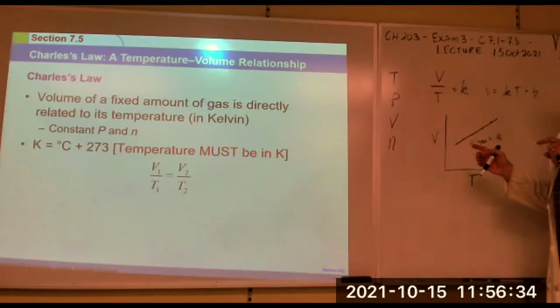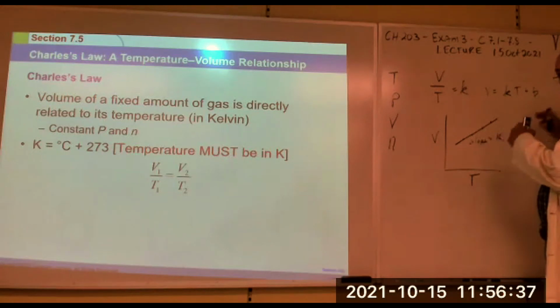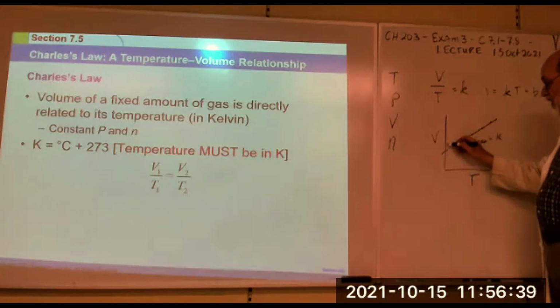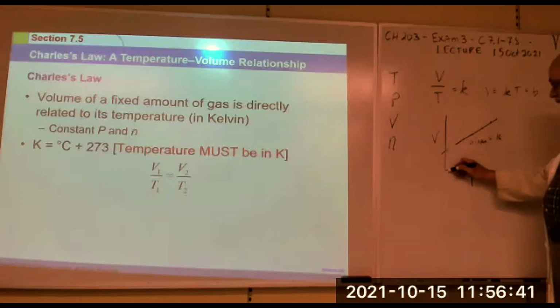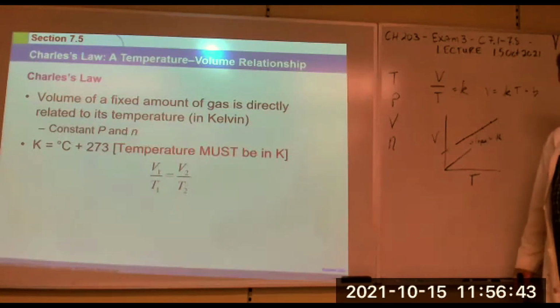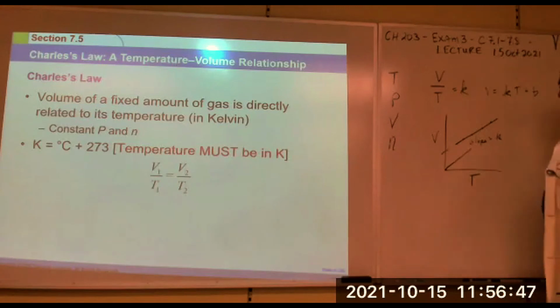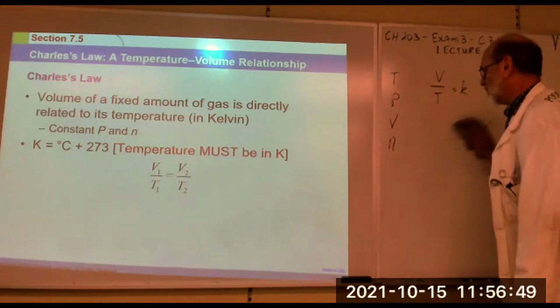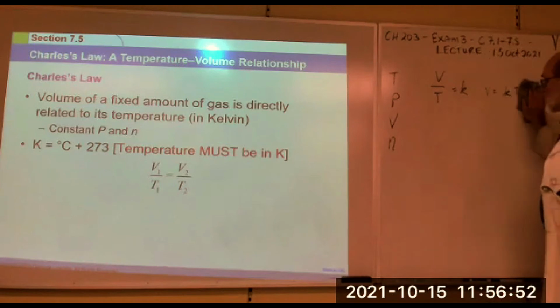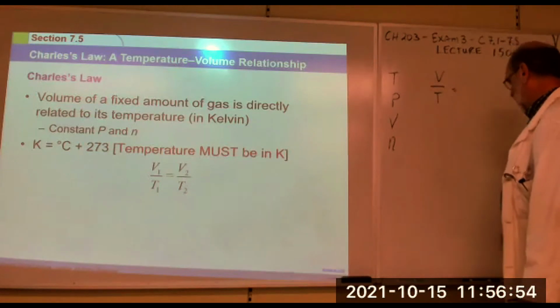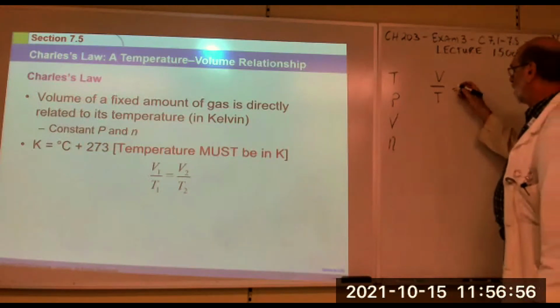If you're using Celsius, then it'll intersect somewhere up here. If you're using Kelvin, it'll always go through the origin because Kelvin is 0.